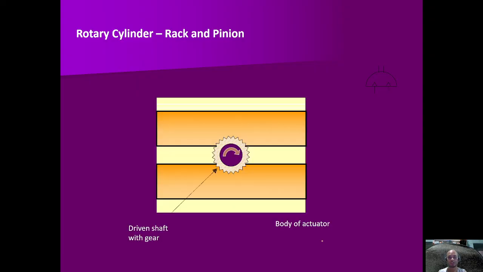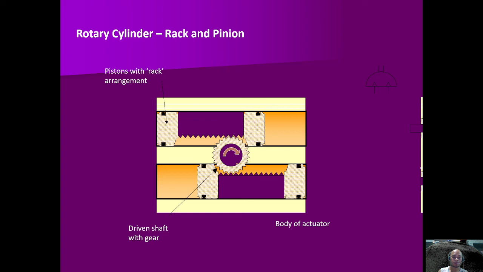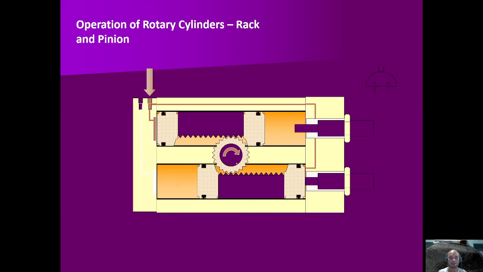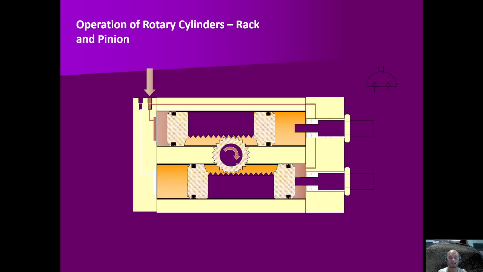Okay, so this is a rotary cylinder, rack and pinion. In the center is the driven shaft with gear. If we put pressure on the piston, like this one, the piston will move from left to right at the top.